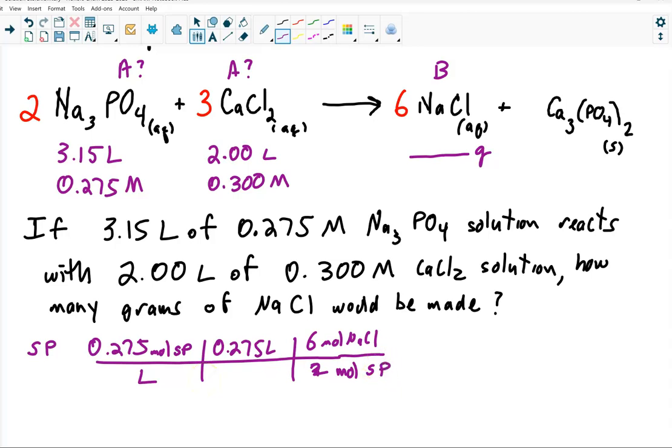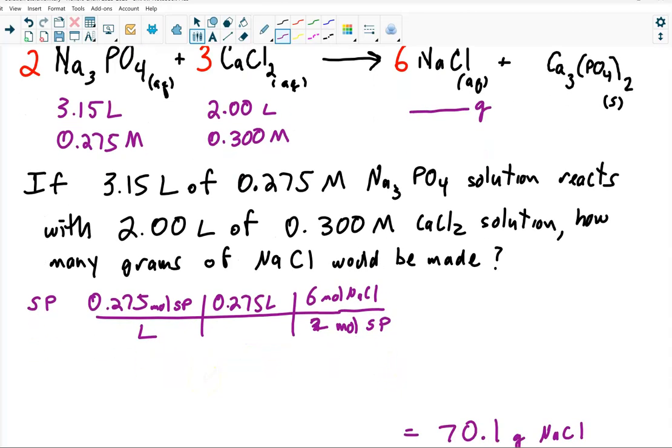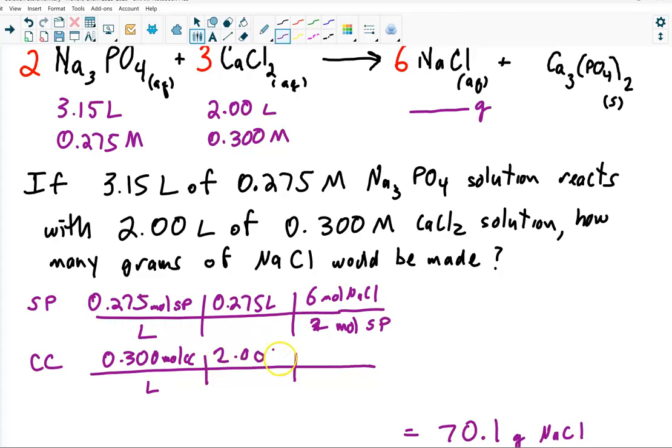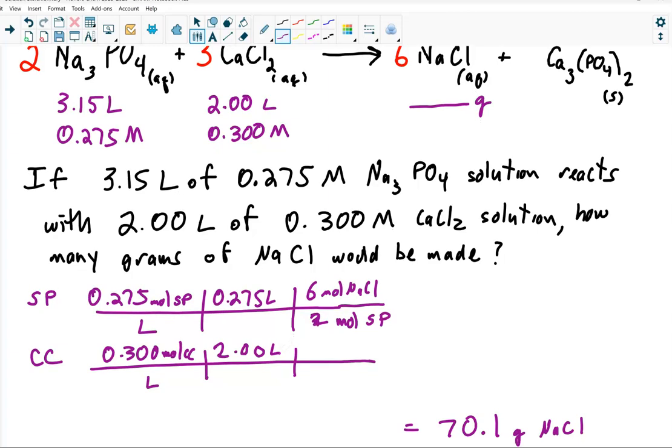I'm going to scroll down here so we can see. For my calcium chloride, what would I write? 0.300 moles of calcium chloride per liter times the 2.00 liters, right? And then I have a different mole ratio.